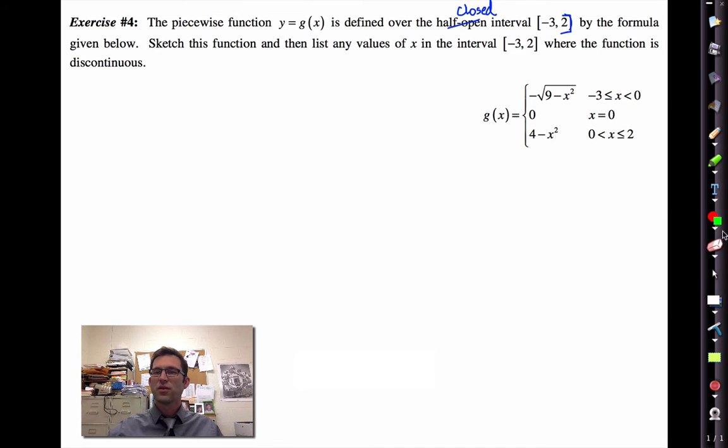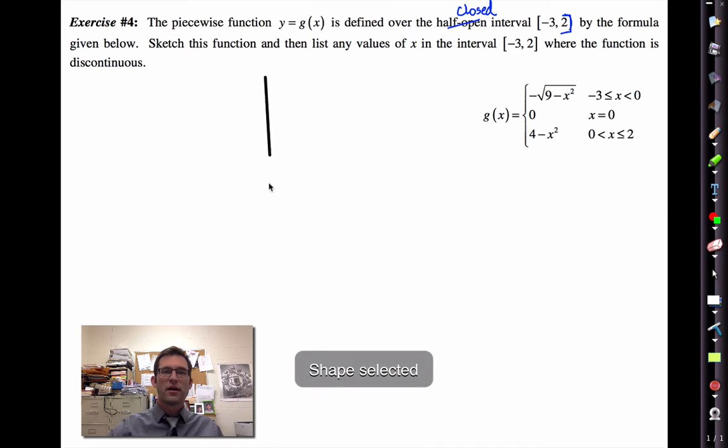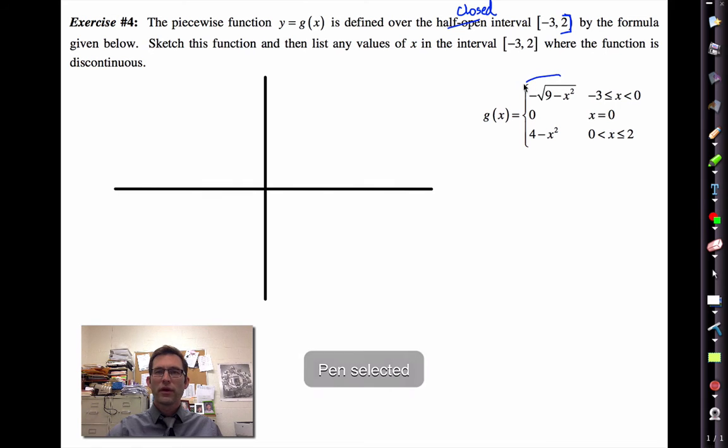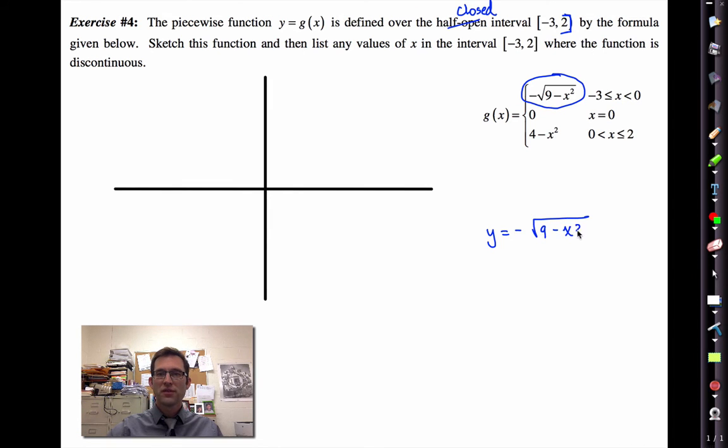All right, let's go through it. Gonna give myself some axes. Okay. Now again, I'm not going to worry about the domain interval. I'm just going to look at that. And I'm going to think to myself, what is this the graph of? Now that could be the trickiest part of this problem. This is a semicircle, right, with a radius of 3, and it's the lower half.